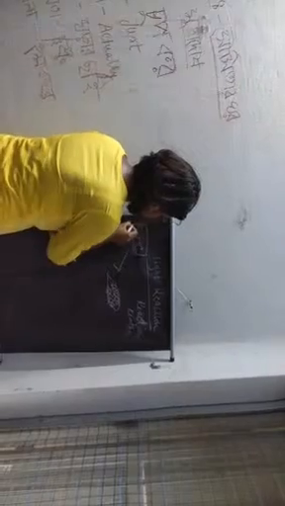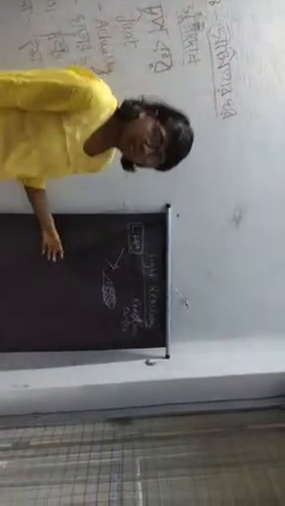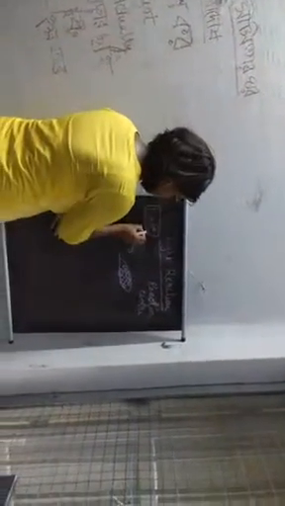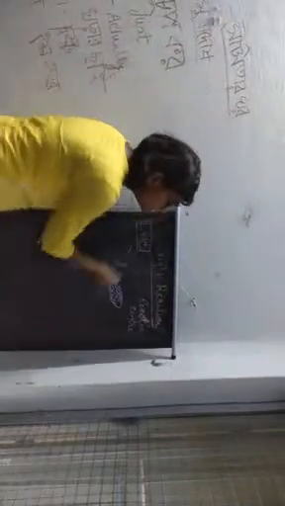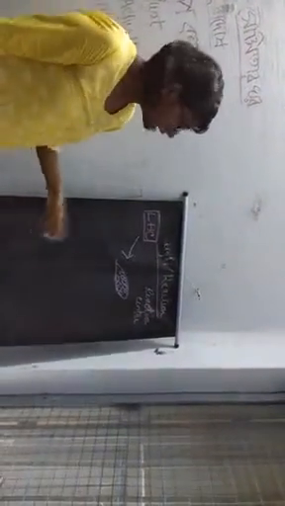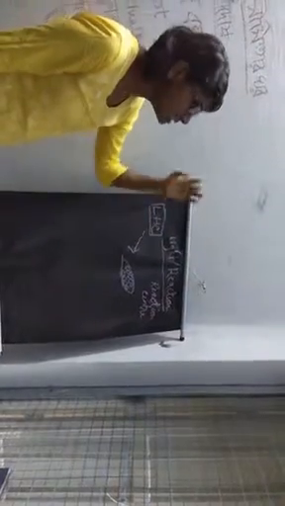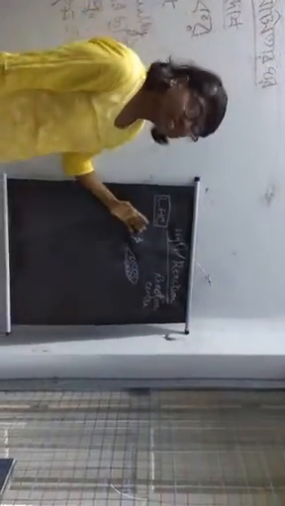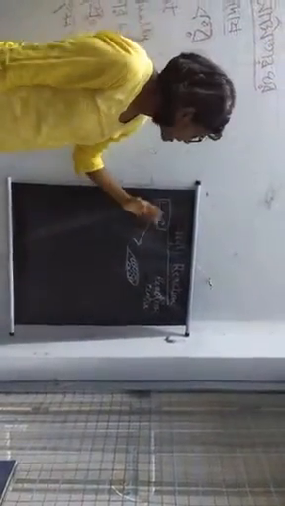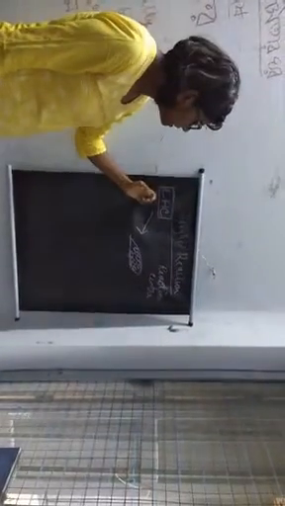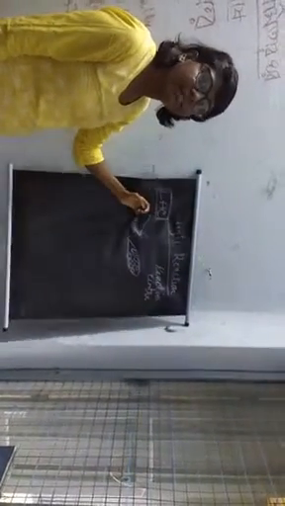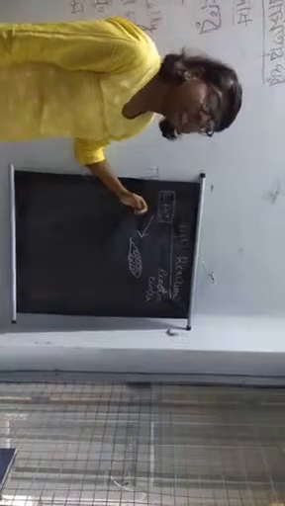The light harvesting complex absorbs the sunlight and it gets excited. It gets excited means that the electron present in it gets excited.